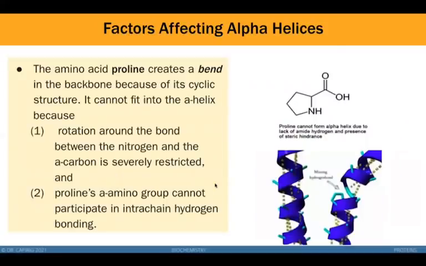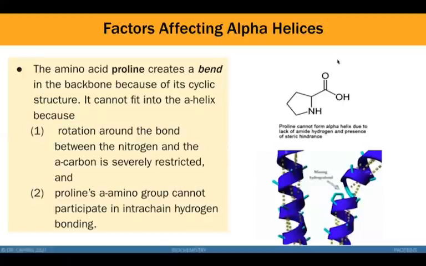For the amino acid proline, it creates a bend in the backbone because of its cyclic structure, and it cannot fit into the alpha helix because first, the rotation around the bond between the nitrogen and the alpha carbon is severely restricted, and second, the proline's alpha amino group cannot participate in interchain hydrogen bonding. So what is the reason why if you have proline, it causes bending?